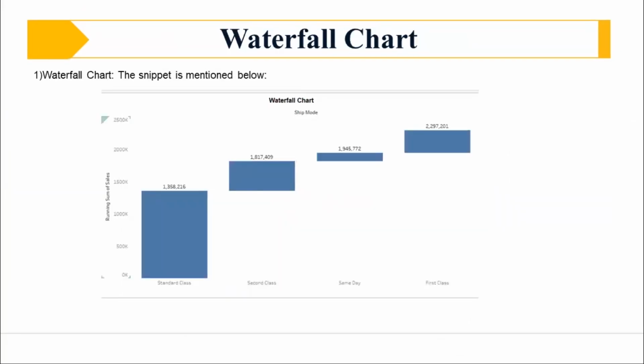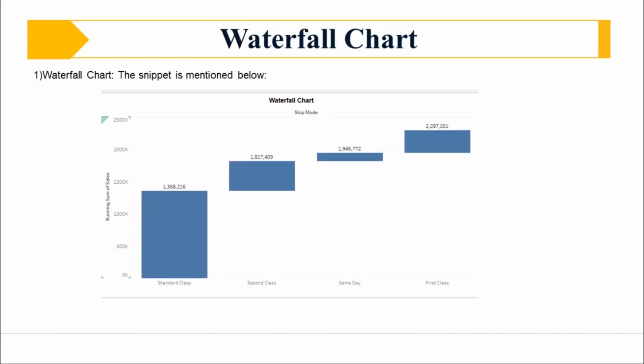Now, there's an interesting chart, which is a waterfall chart. What do we understand by a waterfall chart? A waterfall chart is basically an effective display of cumulative or sequential positive and negative values.